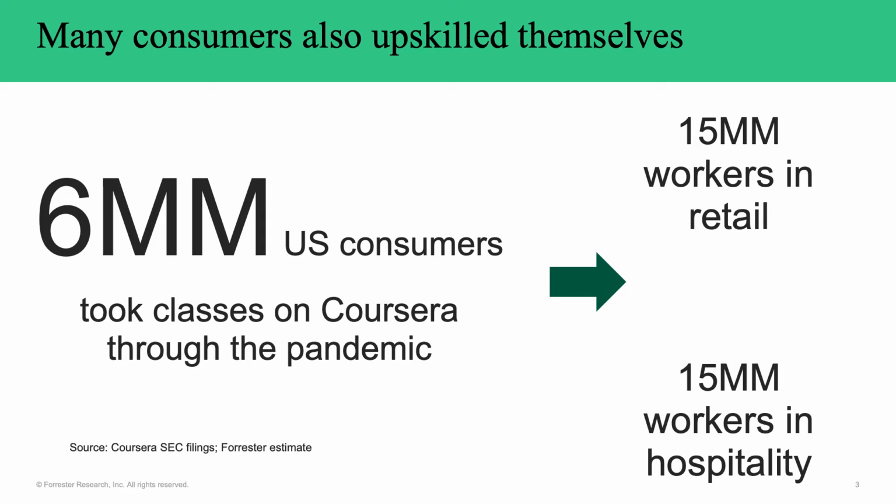My estimate is that in the United States alone, about 6 million consumers took classes and were able to get new skills through Coursera alone. And that is only one of multiple platforms, not counting platforms like Udemy and community colleges and any other skills that even companies may have subsidized for consumers.